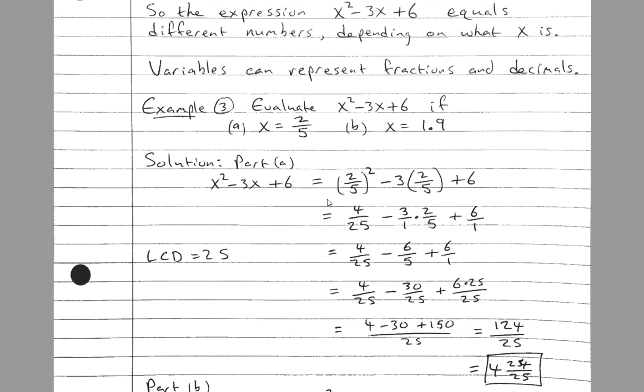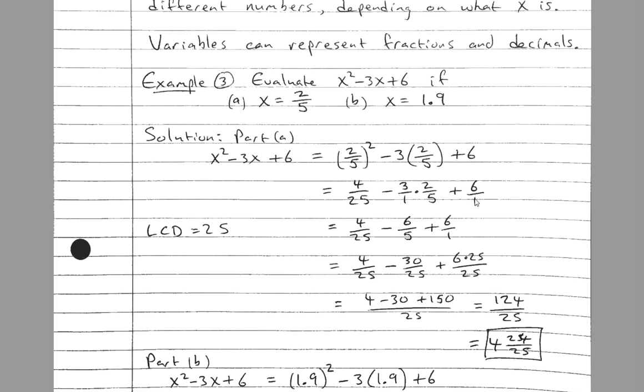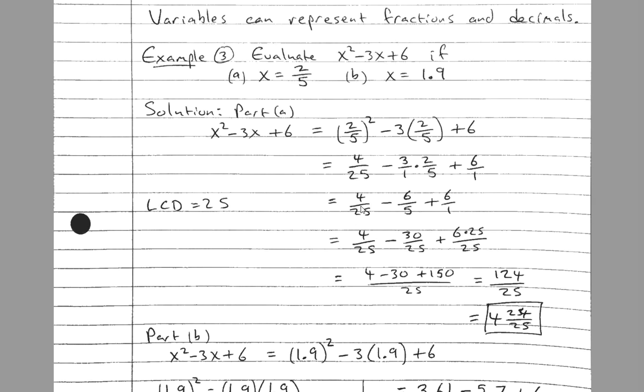And now we're remembering our work with fractions. 2/5 times 2/5, multiply straight across, that's 4 over 25. We're multiplying here, so write it 3 over 1 times 2 over 5. I made this a fraction as well. Multiply straight across here. The middle piece is negative 6 over 5.